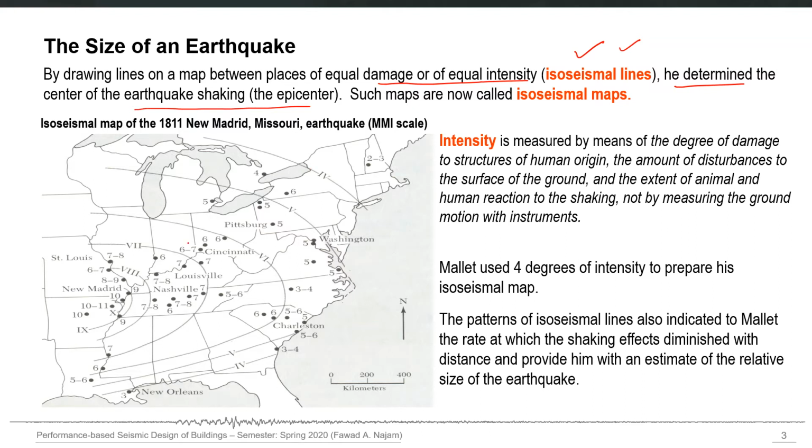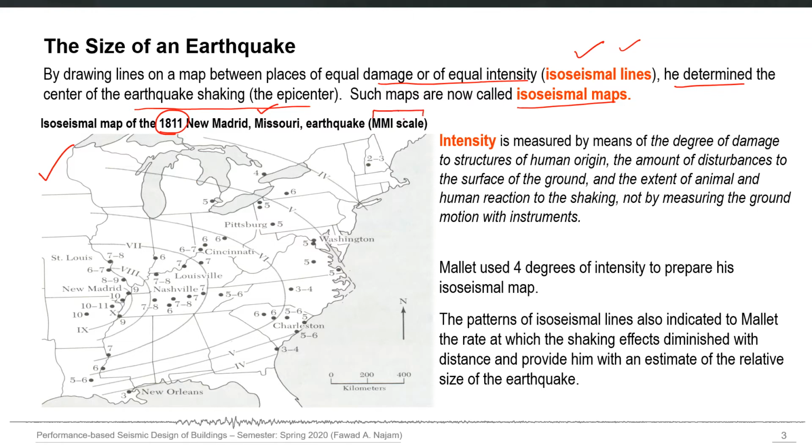All the maps nowadays which show these lines are called isoseismal maps, and one example is shown here, for the 1811 earthquake. This map shows the intensity of the earthquake on a scale called the MMI scale.